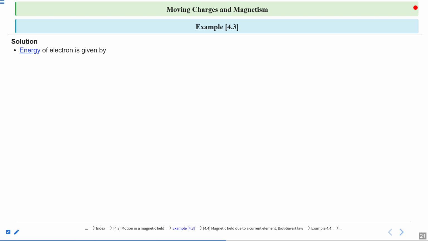Now we can calculate the energy of the electron. The electron will have kinetic energy due to the magnetic force. So kinetic energy will be half mv squared, equal to half into 9 into 10 to the power minus 31 kg into 9 into 10 to the power 14 meter square per second square.